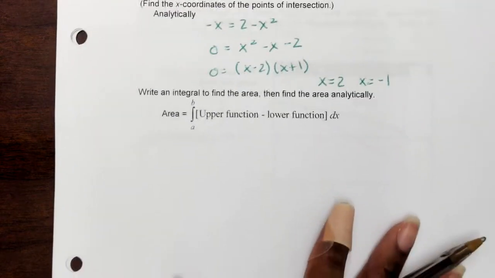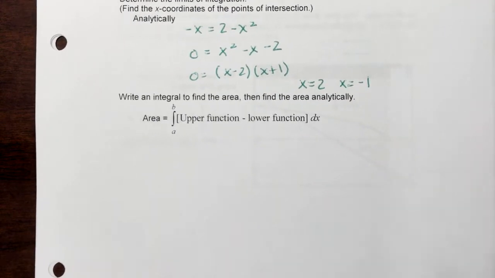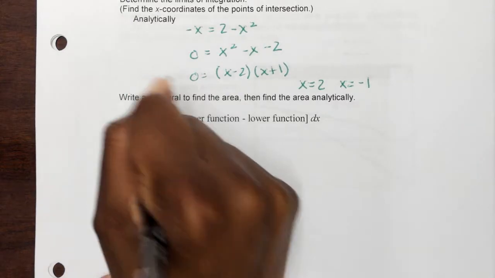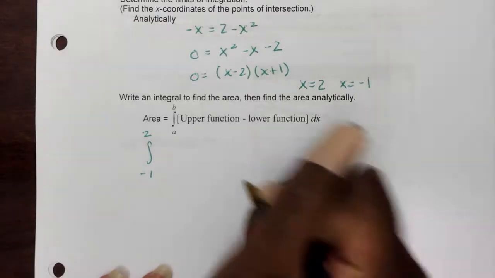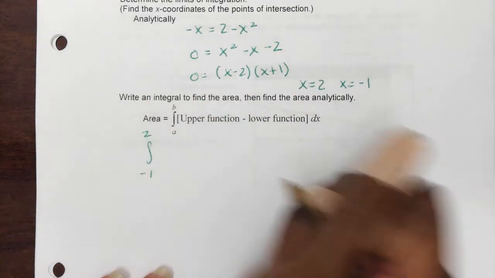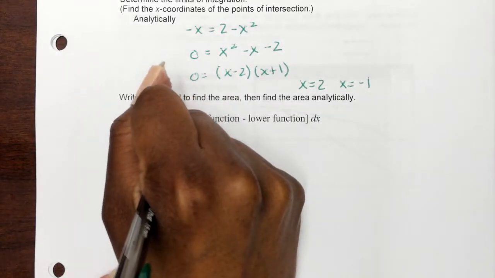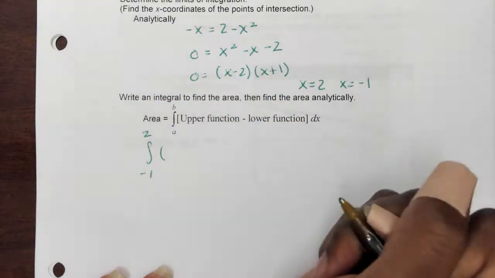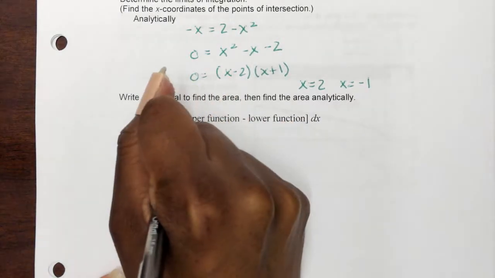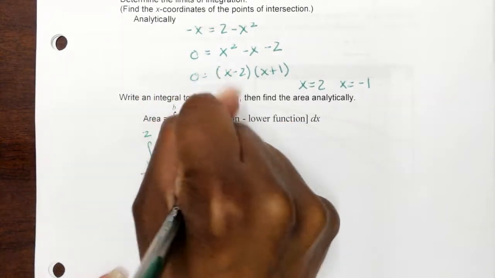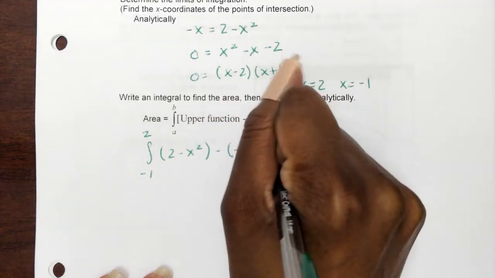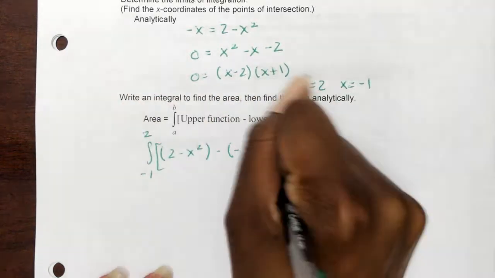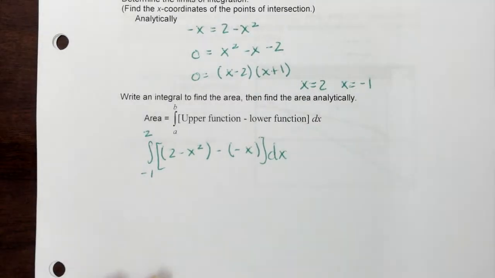Okay, and then I'm just going to use that to now figure out what our area would be. So again, we're integrating from -1 to 2 of 2 minus x squared minus -x dx.